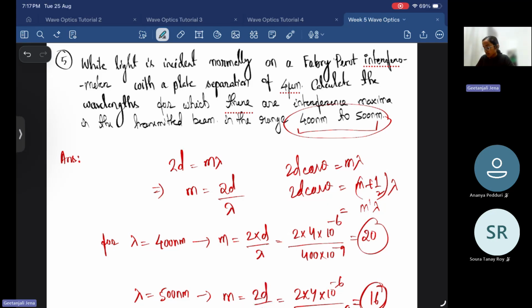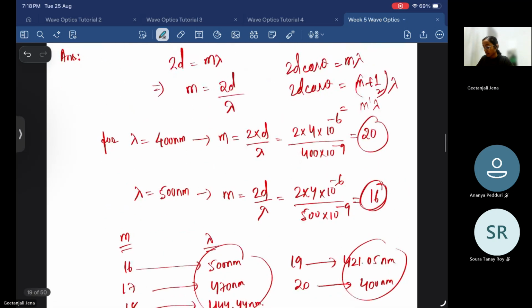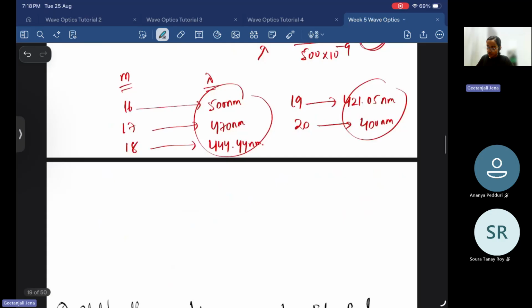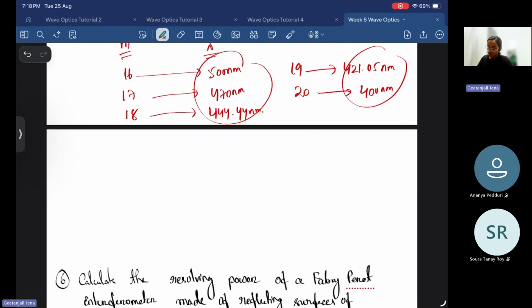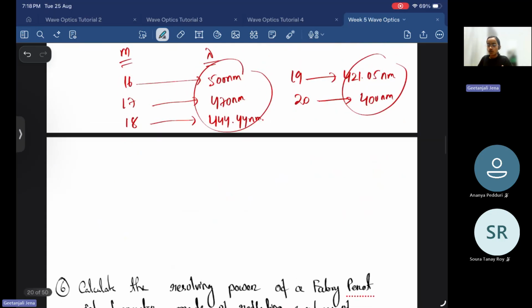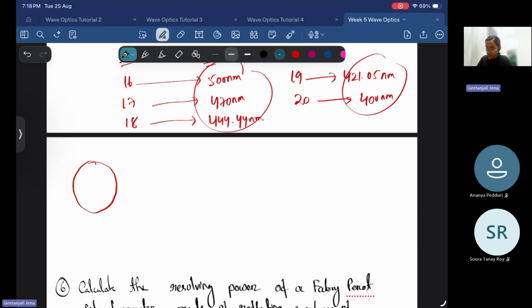Okay, so one thing I can tell is that if you have a sodium source, sometimes you will get values that are not integer values.